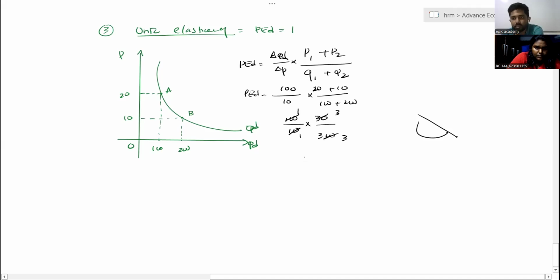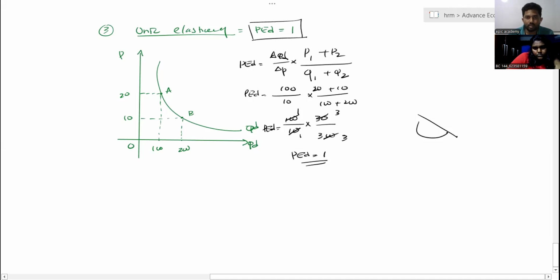3 divided by 3. So PED must always be equal to 1, because the values are similar. So now you can identify when the elasticity equals 1.